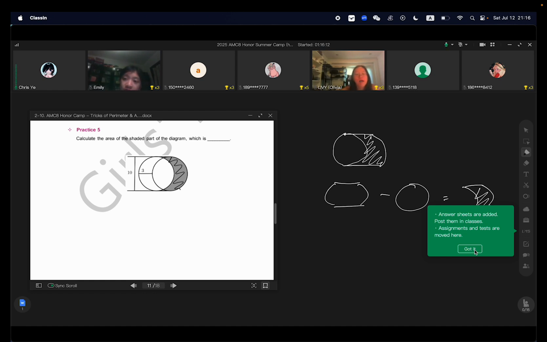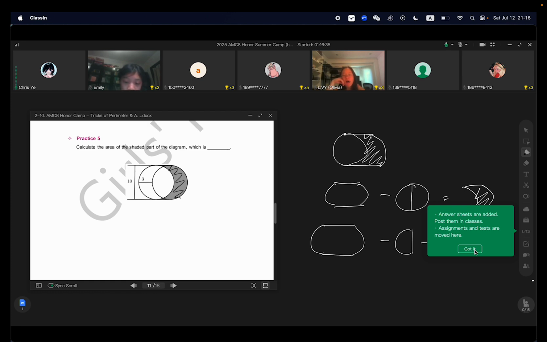So we can divide this circle into two parts. Therefore, that will be this shape minus one semicircle minus another semicircle equals what we want. So again, that is substitution. The way that we do this is that we can just divide both circles into semicircles to get something like this.